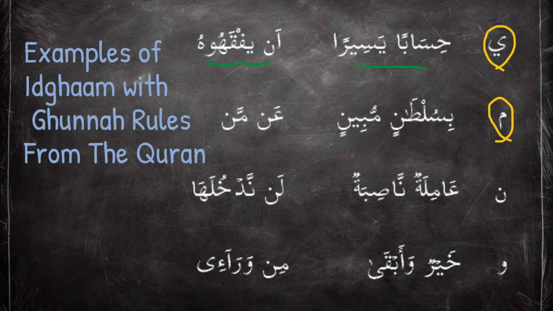Now the second letter, which is the meem. بسلطان مبين. So here we have a tanween kasr. So remember, in this case, when we have a tanween kasr or a tanween dam, what was the first part?